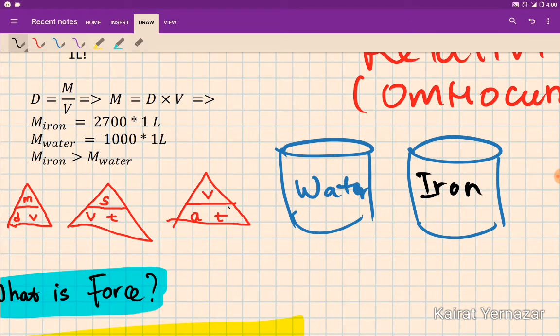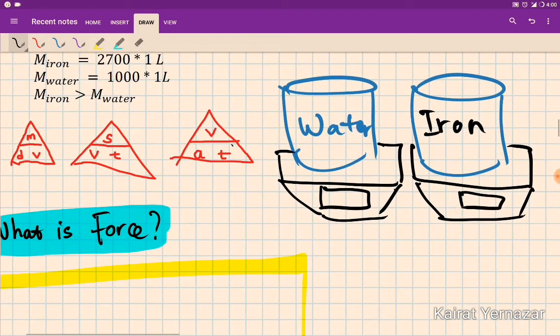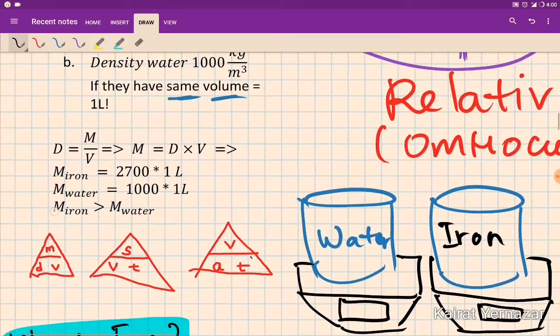Like if we put them both on some scale. My drawing skills are awful, guys, I'm very sorry.